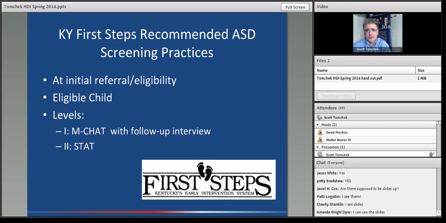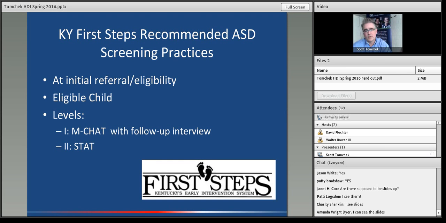They get a level 1 screening with the Modified Checklist for Autism in Toddlers, and if the screening score is at risk, they move forward with a level 2 screening, the Screening Tool for Autism in Toddlers and Young Children. We'll talk about both these instruments briefly, just so you have an understanding of them if you're not familiar with them.